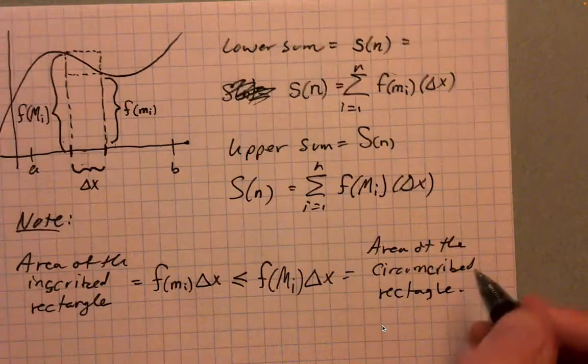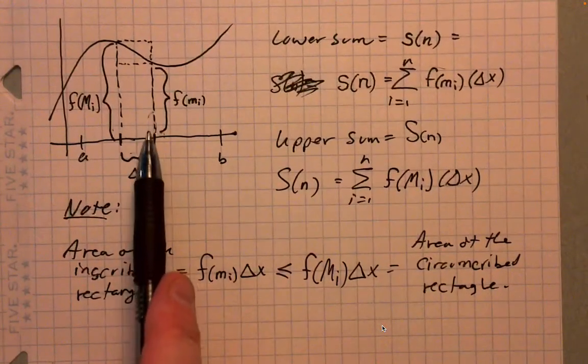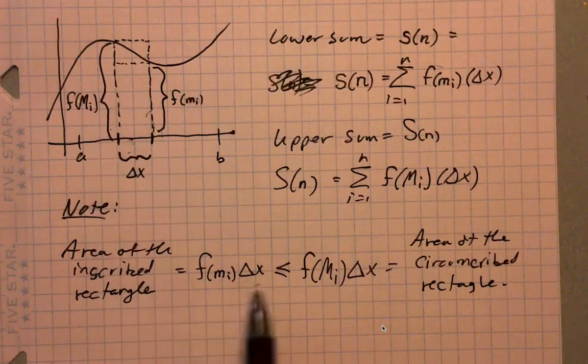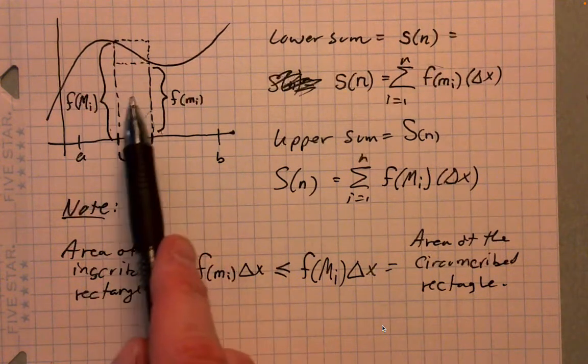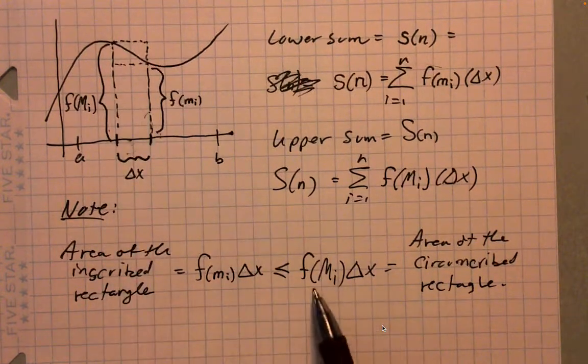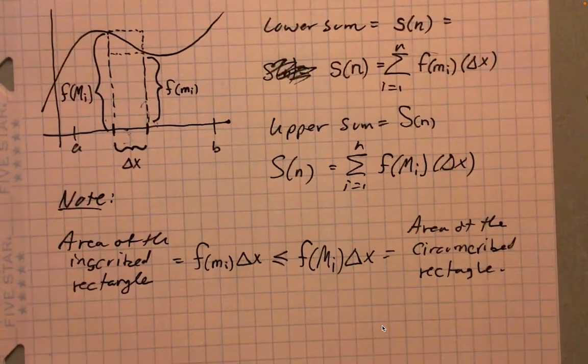Okay, so you're going to have the two rectangles, right? We just kind of drew that. So obviously the area of the inscribed rectangle would be calculated using this, and that's clearly going to be less than or equal to the area calculated by f of big MI, right? By the circumscribed rectangle.